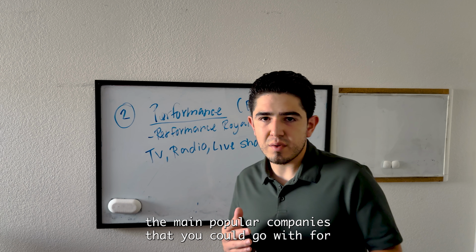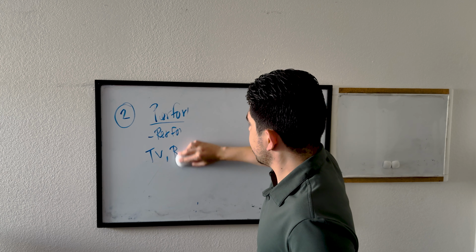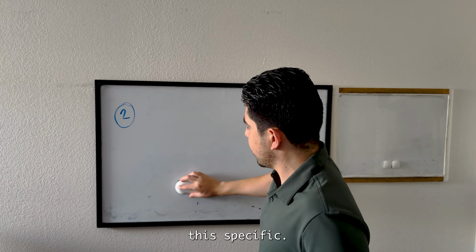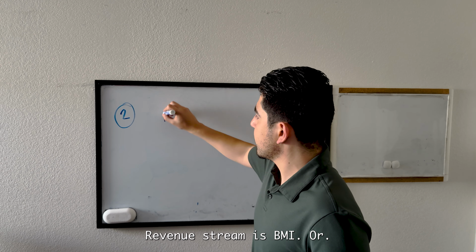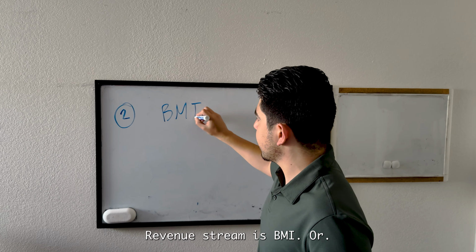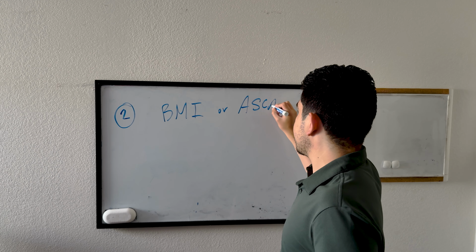The main popular companies that you could go with for this specific revenue stream is BMI or ASCAP.